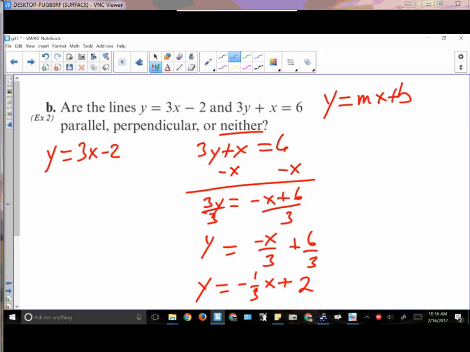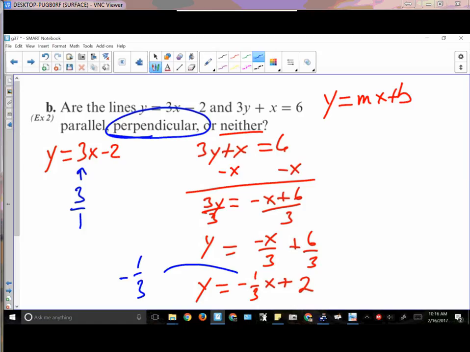So the slope here is going to be 3 over 1. The slope over here is negative 1/3. So in reality, they are what to each other? Perpendicular. Now, you have to do this much work in order to figure it out. You have to go through that process. This is the work that I expect to see on your assignments.